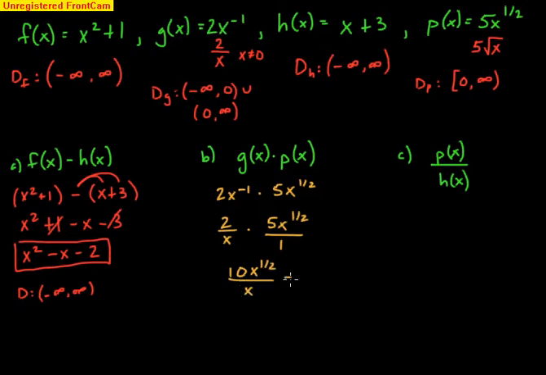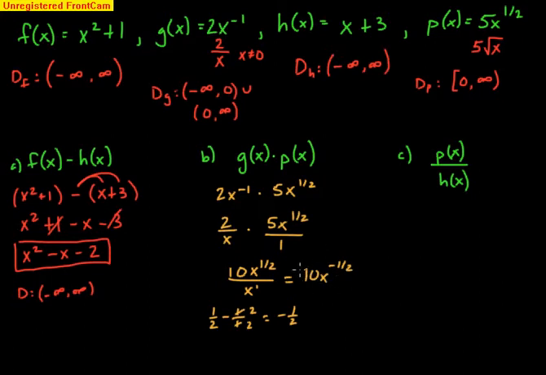And now I think I need to simplify the x's, right? I have 1/2 minus, there's a 1 down here, minus 1. Well, 1 is just 1 over 1, which can be made into 2 over 2 by multiplying top and bottom by 2. So we get 1/2 minus 2/2 is negative 1/2. So we will have 10x to the negative 1/2, but that cannot be our final answer.